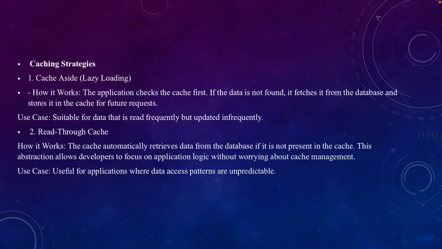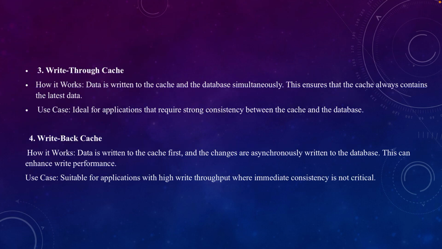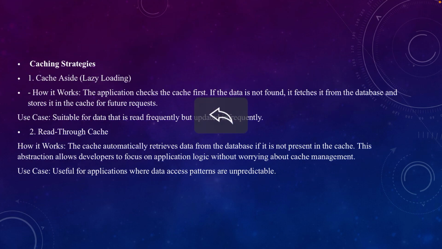Then we move to caching strategies. We have four of them: cache aside, read through cache, write through cache, and write back cache. We will start with cache aside, which is also known as lazy loading. In cache aside, the application checks the cache first.